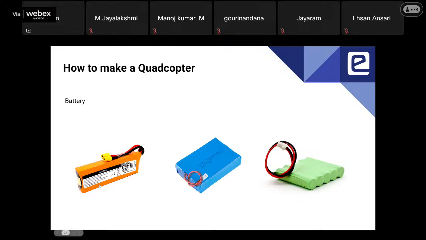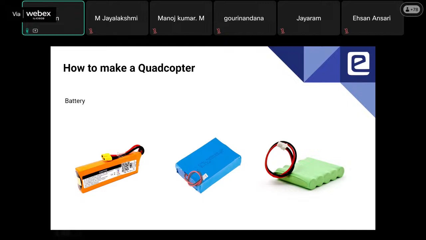What we use mostly in quadcopters, hexacopters, octacopters, or even in fixed wing aircraft, are LiPo batteries, because the rate of discharge of these batteries is high, and we need a high discharge rate for the use case in drones.